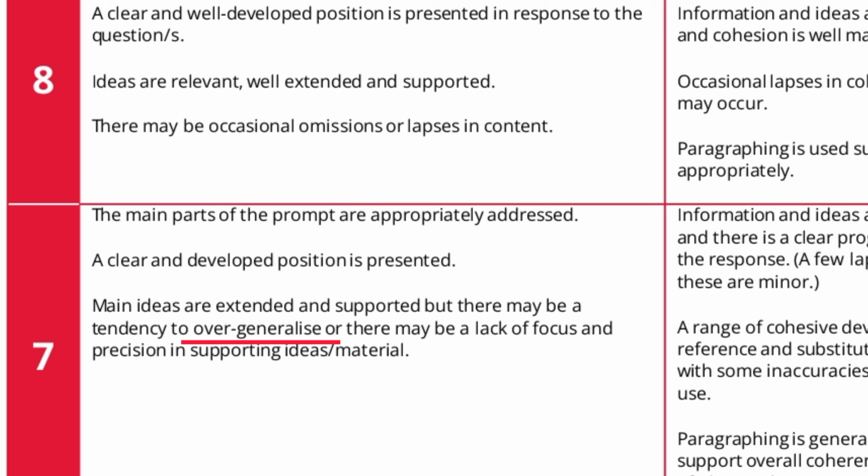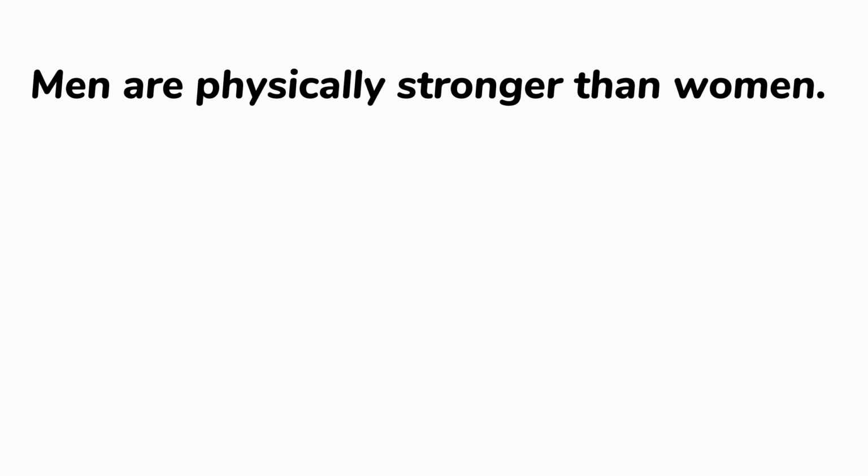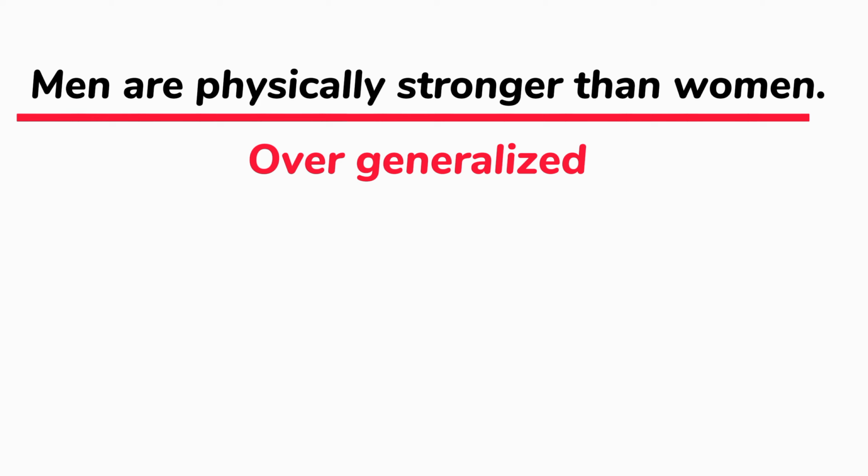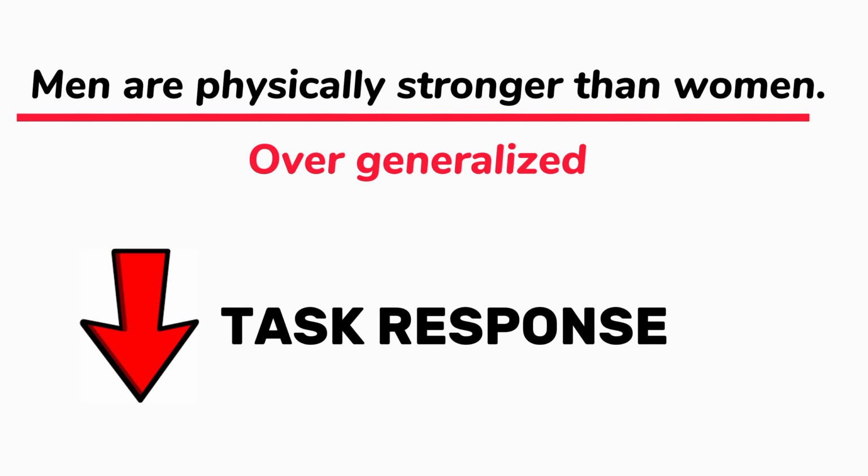Let me explain it with an example. Men are physically stronger than women. Now this sentence might sound correct, but it is an overgeneralized statement because it is not always true. Women in mixed martial arts or wrestling might be stronger than men. So you are just overgeneralizing the statement and reducing your task response score.